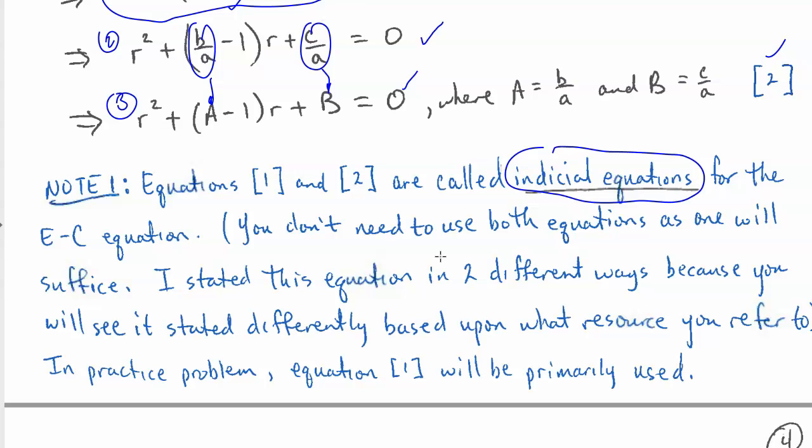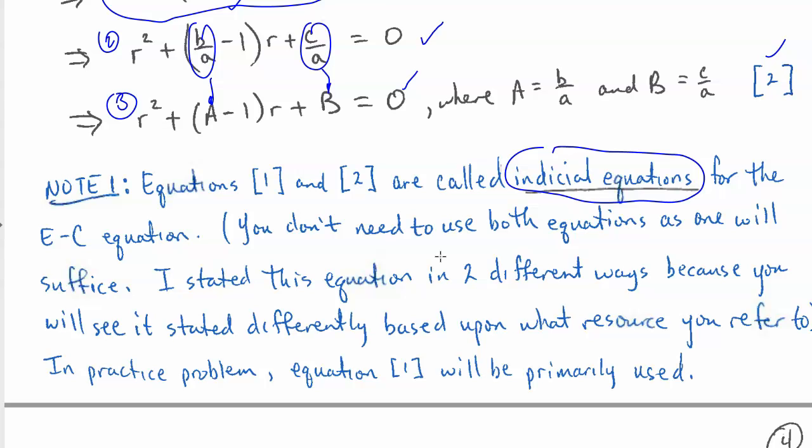And in that method, one of the things that we have to find out when we deal with the power series is the lowest, quote unquote, index that we need to use so that we can find out what our coefficients are going to be in doing that method. So it turns out that this particular characteristic equation for the Euler-Cauchy is tied to us being able to find out that lowest index so that we can mathematically manipulate those types of equations to be able to solve them using power series techniques. And so that is why it's called indicial.